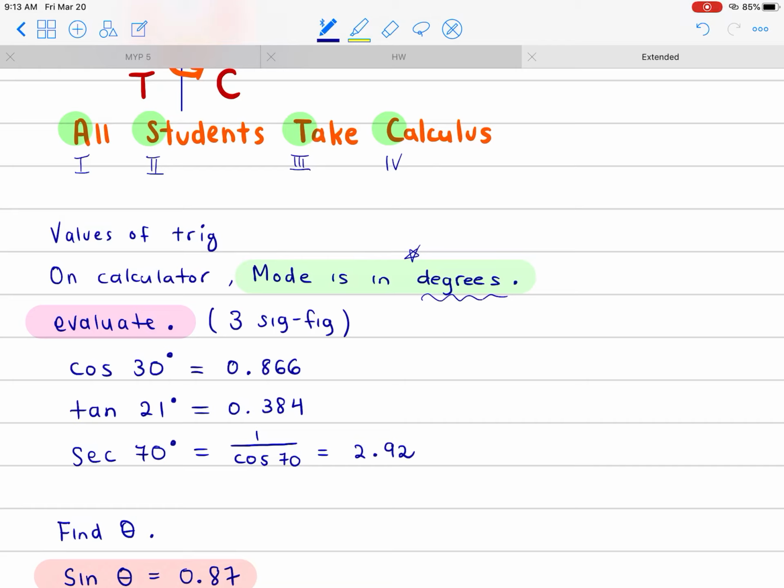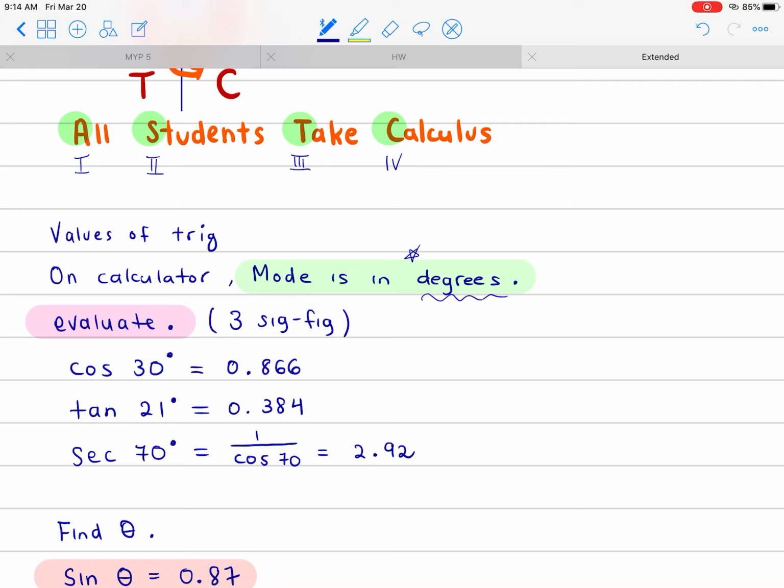Cosine of 30, you literally type in cosine of 30 on your calculator and then round your answer to 3 sig fig. So 0.866. So try it on your calculator and see if you get the same answer as I do. Tangent of 21 should give you an answer of 0.384. Pause your video and then try.